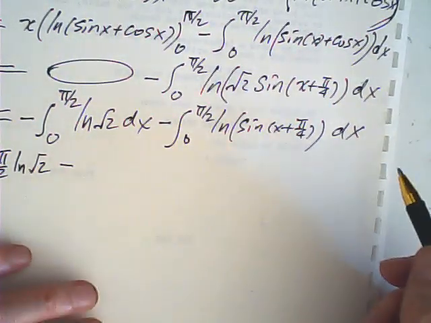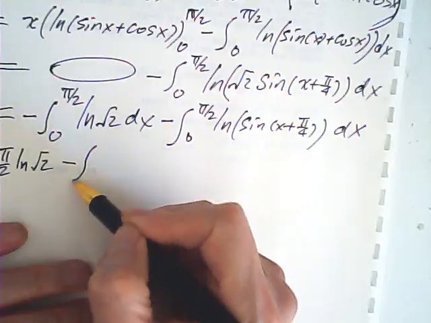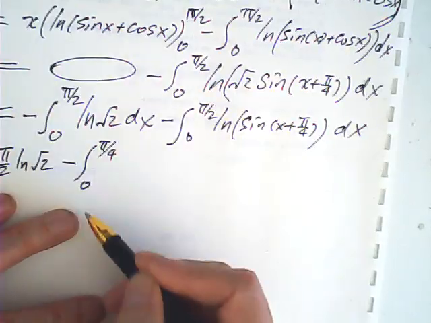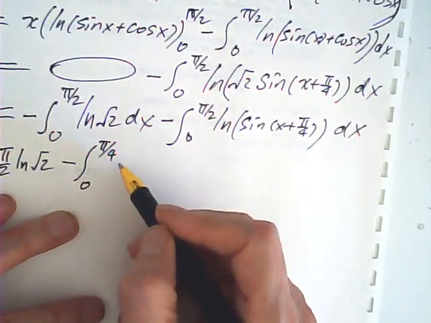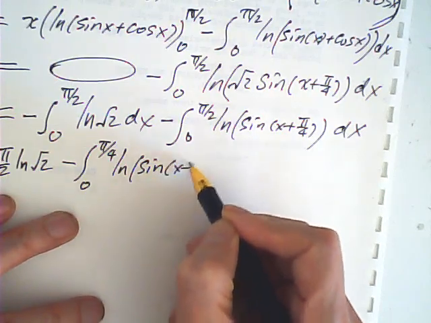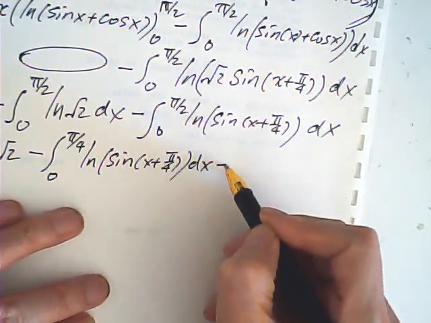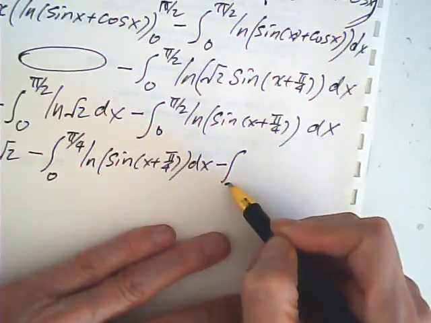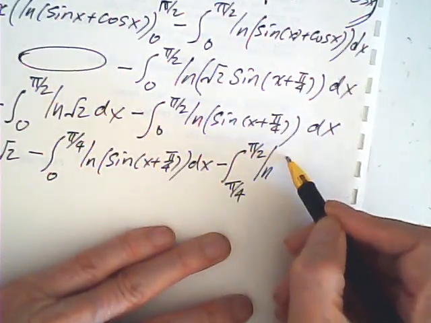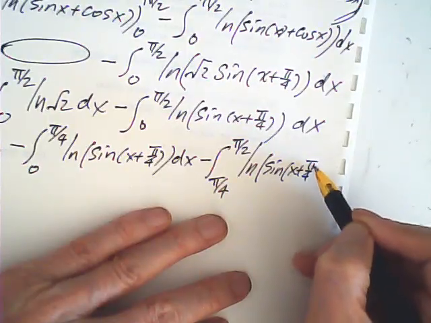For that one, I can split it into two parts. That is, from 0 to quarter pi of log sine(x plus quarter pi) dx, and another part from quarter pi to half pi of log sine(x plus quarter pi) dx.